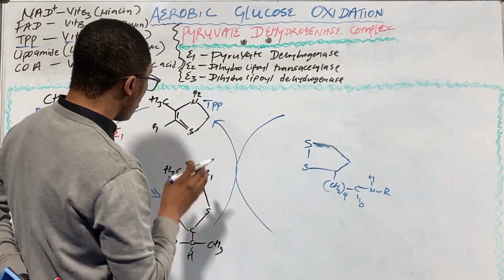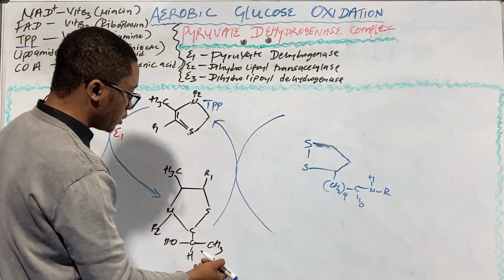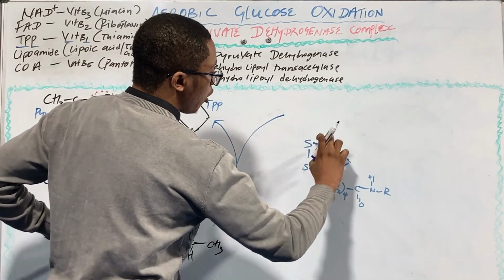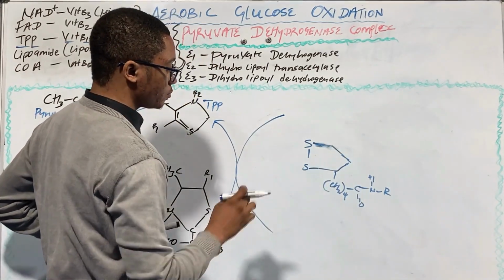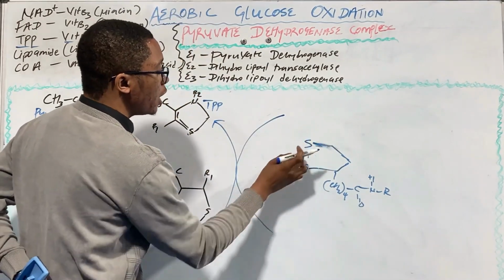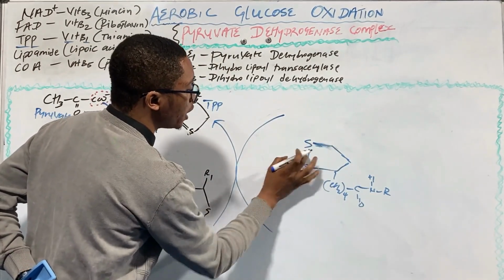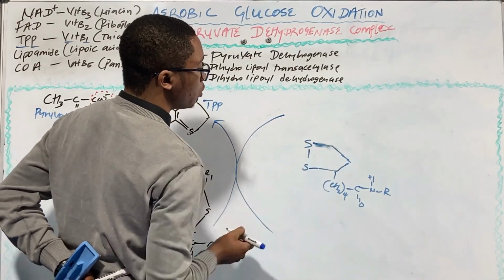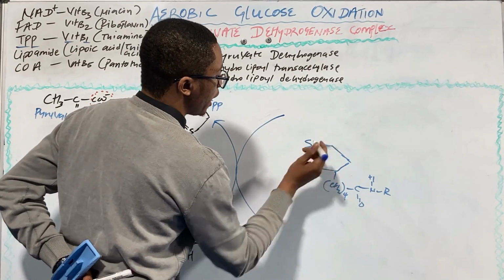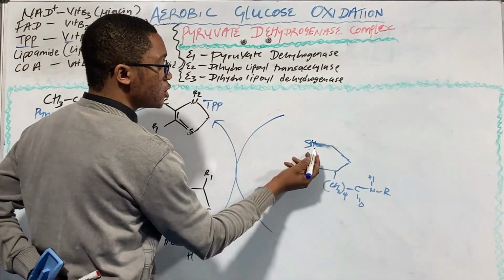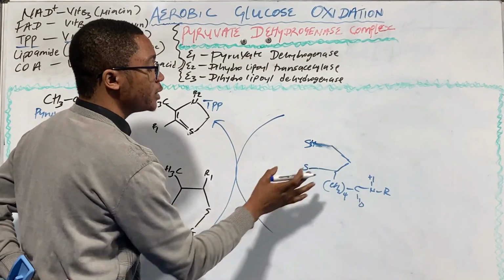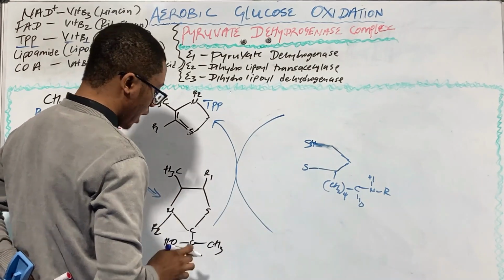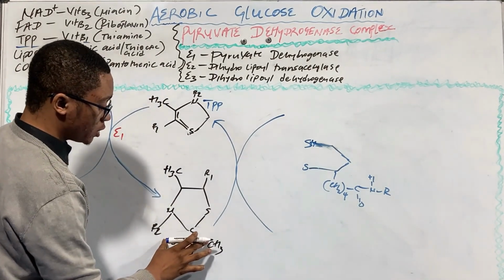So when hydroxyethyl thiamine pyrophosphate now reacts with this lipoamide complex, what really happens is that we break this disulfide bond here. A hydrogen is added to this sulfur, forming a single thiol group. This is what really happens here. So we form a single thiol group here, and remember this is hydroxyethyl thiamine pyrophosphate.